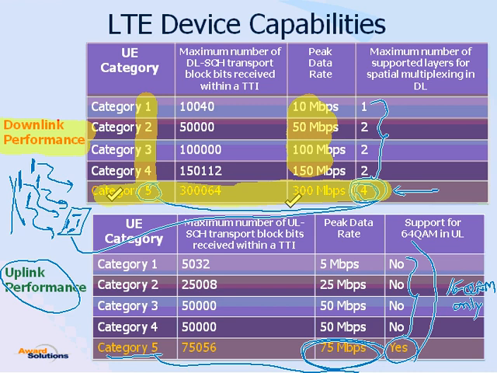You can support 2 antenna transmissions, so we have 2 receive antennas at the user equipment. And in the uplink, it can support 25 megabits per second, and of course, it does not support 64 QAM. So you have one of these 5 categories, and that's what will dictate your performance. So you cannot have different categories for uplink and downlink.